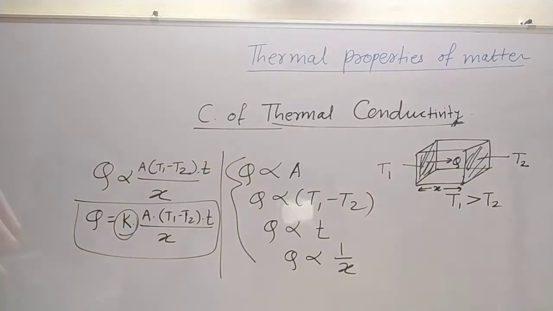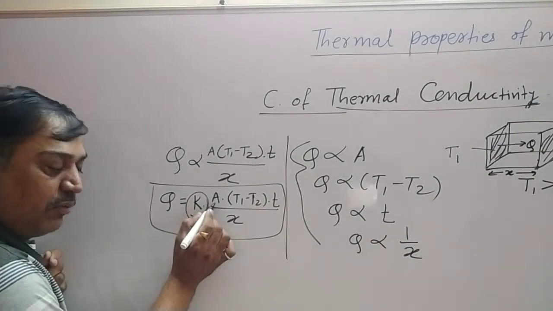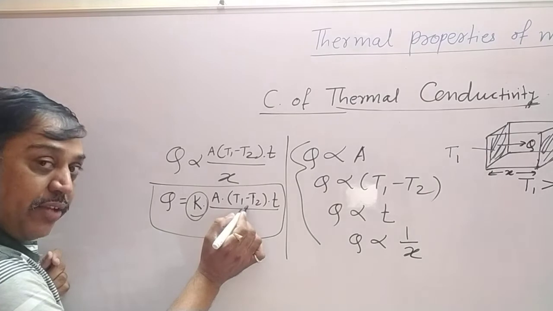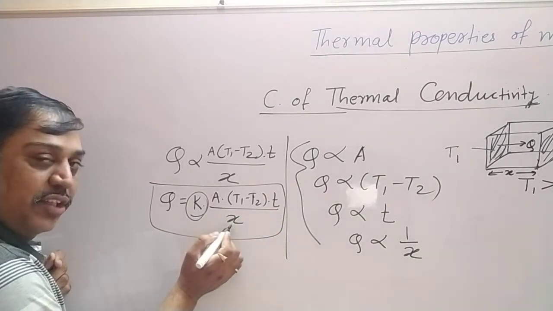Now in this equation, suppose we keep the area as 1 meter square, the change in temperature as 1 degree Celsius, the time as 1 second, and the distance as 1 meter.